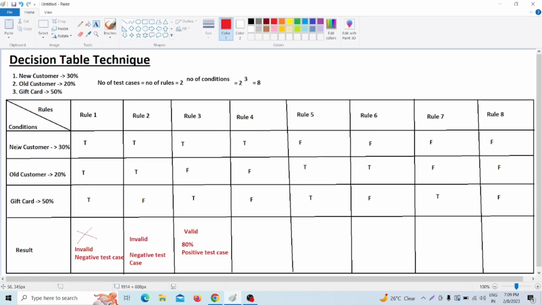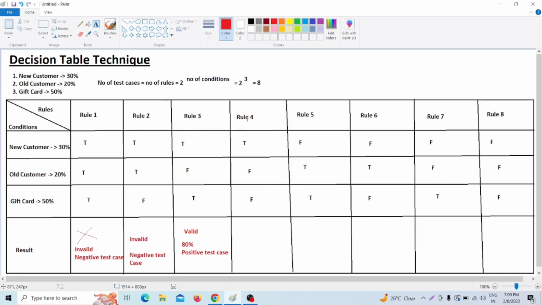Because I am the new customer and I am not the old customer. Old customer is false. New customer is true. And as I am a new customer, I can get the 50% gift card. Then the total result will be new customer plus gift card, that means 50 plus 30 equals 80%. So it's valid. It's a positive test case.